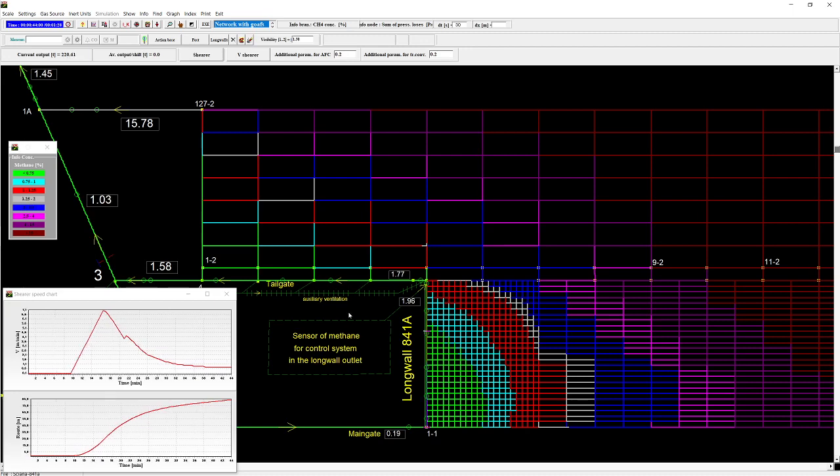So we can see that the shearer is in the middle of the Longwall and is approaching its tailgate. However, due to the high methane concentration, its speed has been considerably reduced. This reduction prevents the system from the emergency power shutdown, which would occur if the methane concentration would exceed 2% limit.